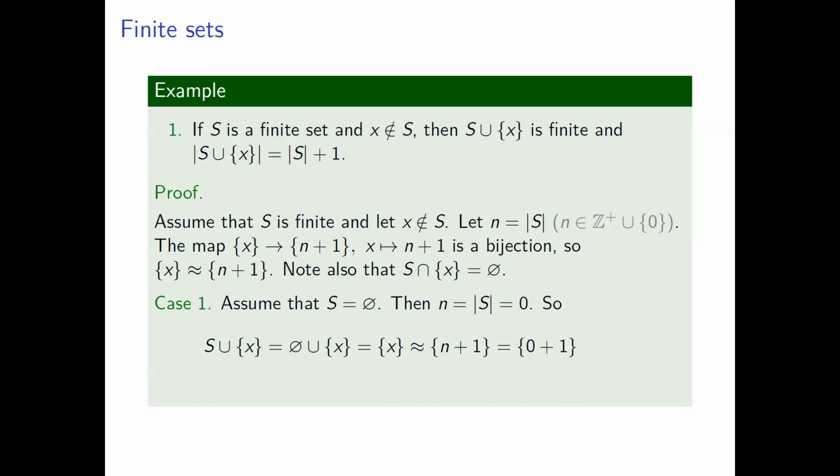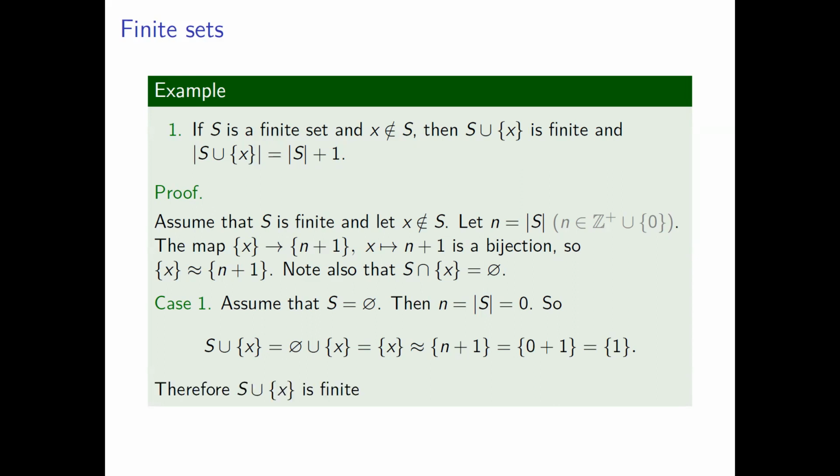Since n is equal to 0, the integer n plus 1 is 0 plus 1, which is equal to 1. Therefore, the set S union the singleton with element x is numerically equivalent to the singleton whose element is the integer 1.